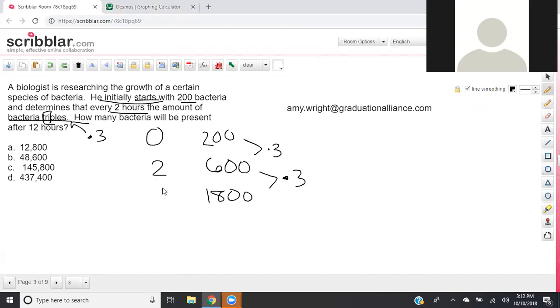How many hours did the bacteria have to have in order to triple? 2 hours later, so it'd be 4. So 4 hours later now. And we got to keep track of that too. So we actually have to pattern both sides. We're adding 2 over here each time. We're multiplying by 3 each time on the other side.